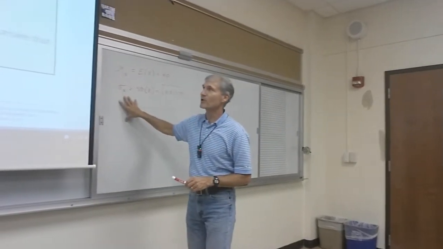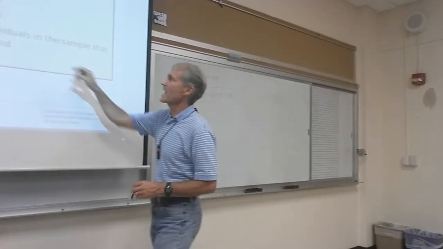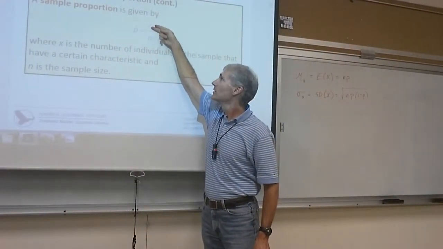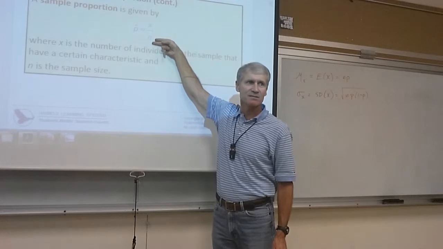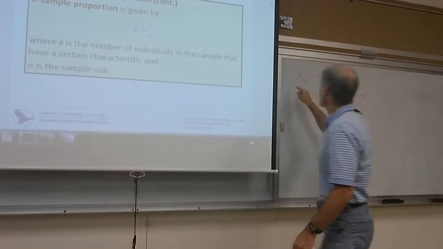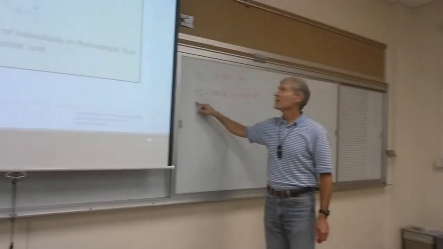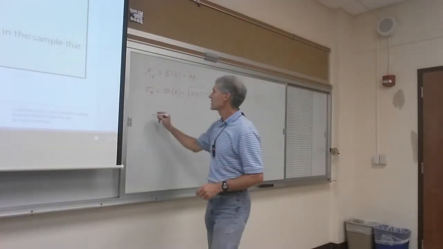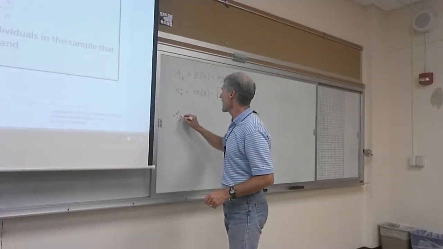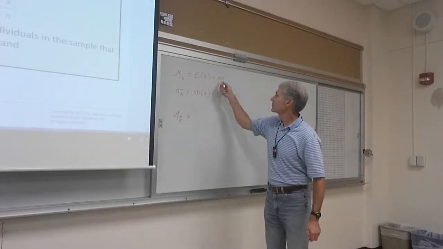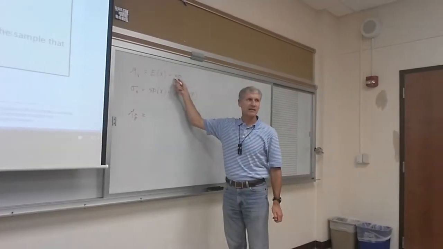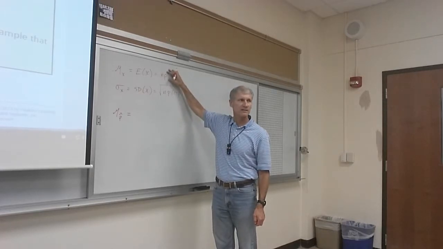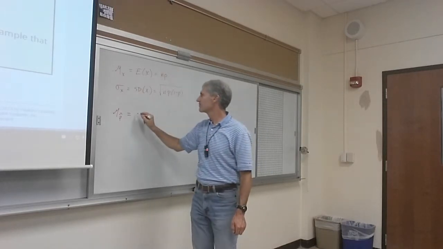Okay, so that's binomial. P hat is just a binomial random variable divided by a fixed constant. So its mean and its standard deviation are going to just be divided by that same fixed constant. So the mean of p hat will be the mean of x divided by n. Divide this expression by n. What do you get? You get p.